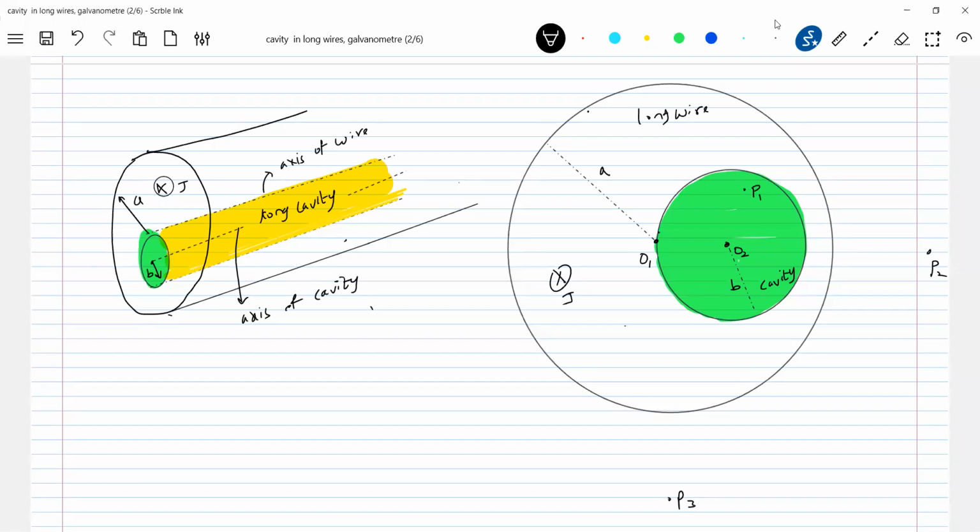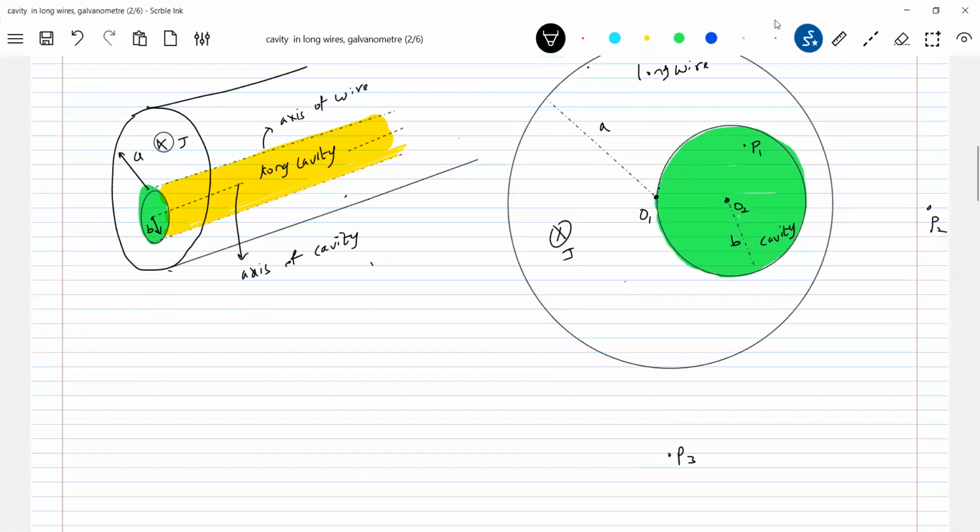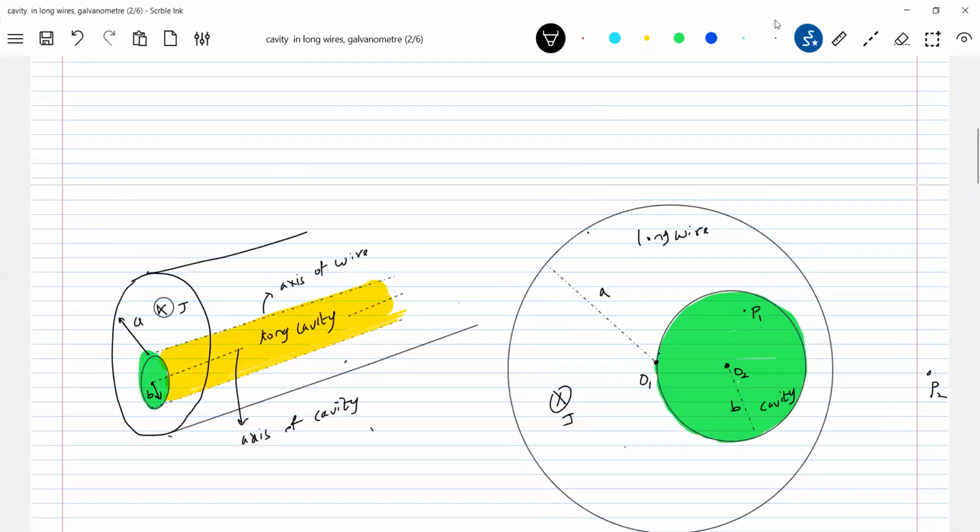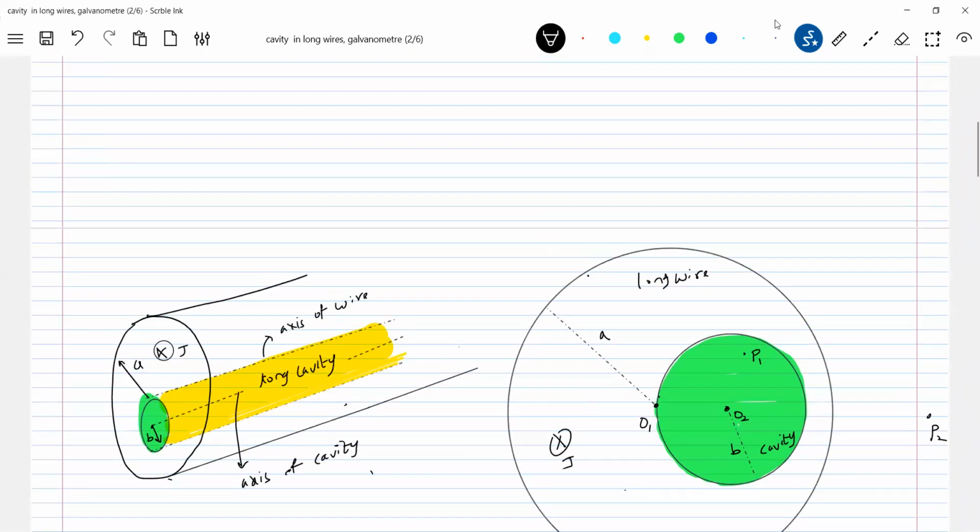I think enough ideas are there. So now let me introduce one formula. So already you know for a long wire, this is R bar and this is the current density. Now, how is the B bar here? B bar will be in this direction.